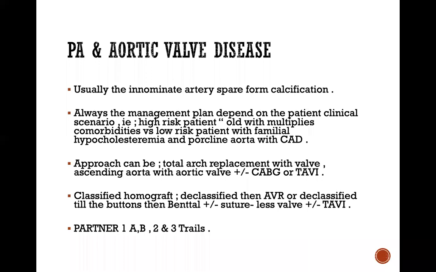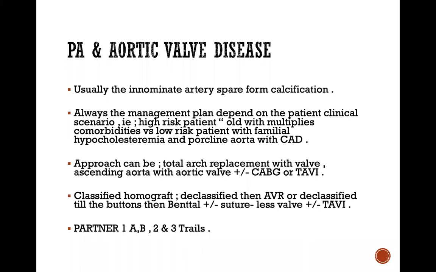Either you go total arch with valve, or ascending aorta with aortic arch homograft. If you want a homograft, keep in mind that you can do aortic valve replacement and ascending aorta with a homograft. Then you do CABG, or you put your proximal graft on that homograft as well.